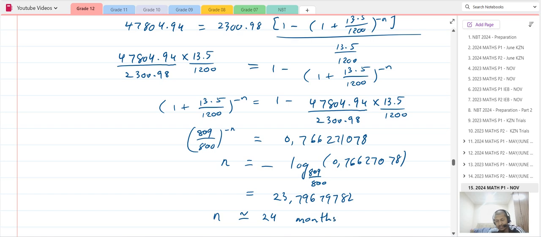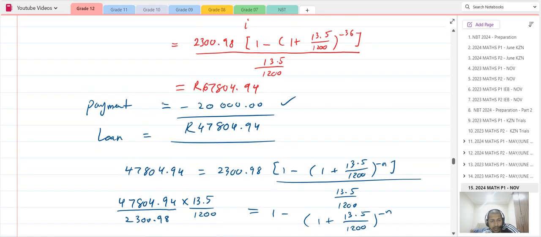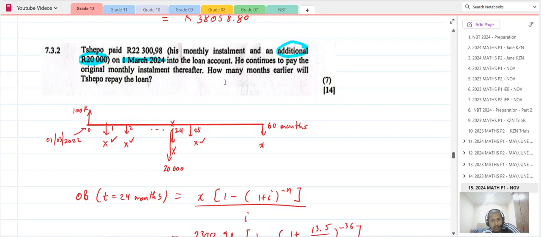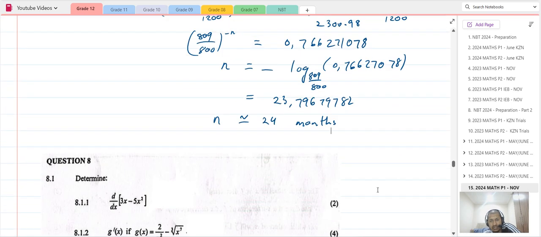What did they say? 24 months, or how many payments left? How many months earlier will Sepo repay the loan? So 12 months earlier, 24 months left to pay.